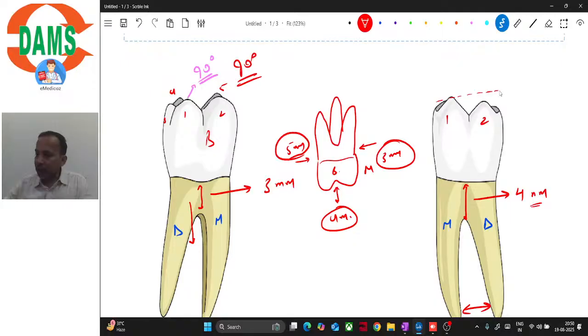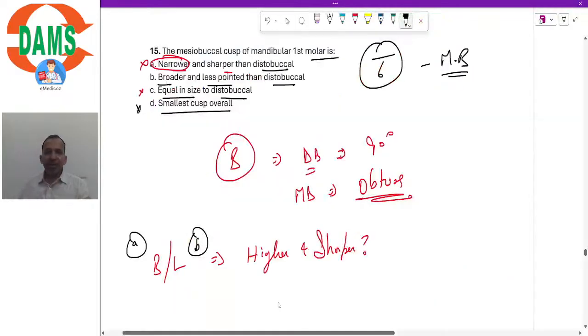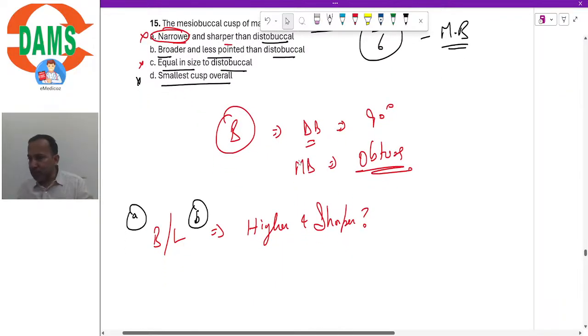Also you can notice that the mesiolingual cusp is the highest and the sharpest cusp, whereas the mesiobuccal cusp is the largest cusp. Very good everyone.